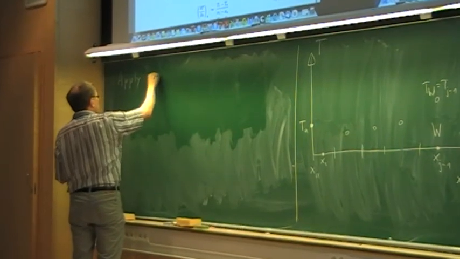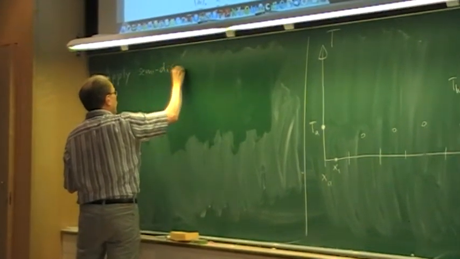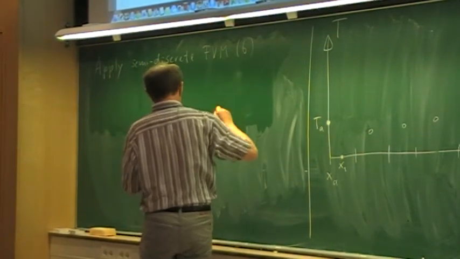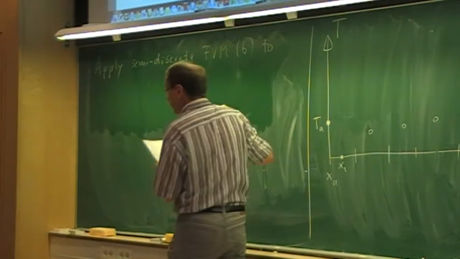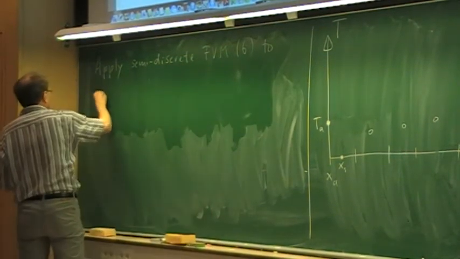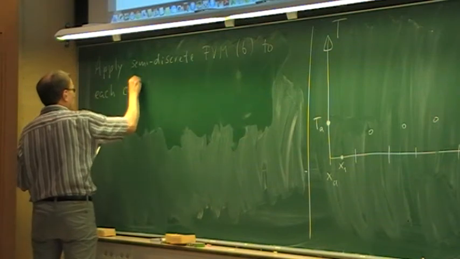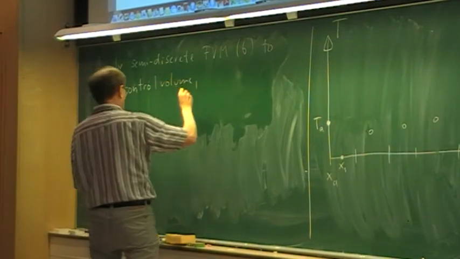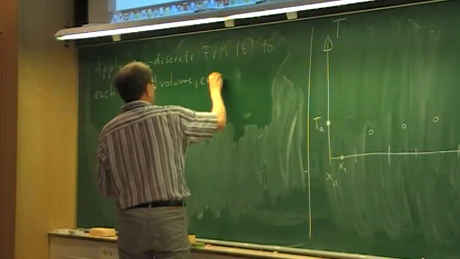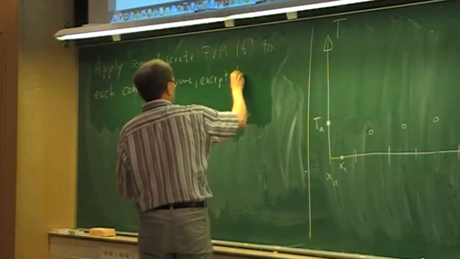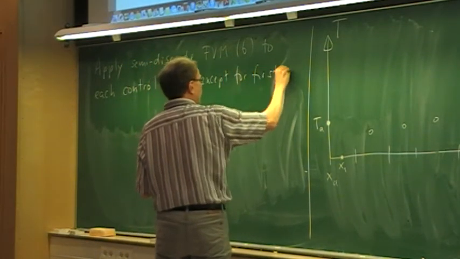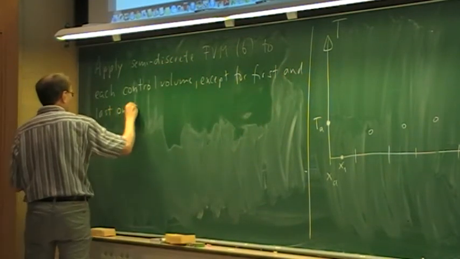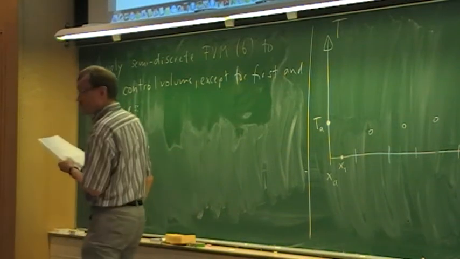I call it now the semi-discrete form of the finite volume method to each control volume. However, there are two exceptions, except for the first and last ones. That will become obvious when we look at it now.